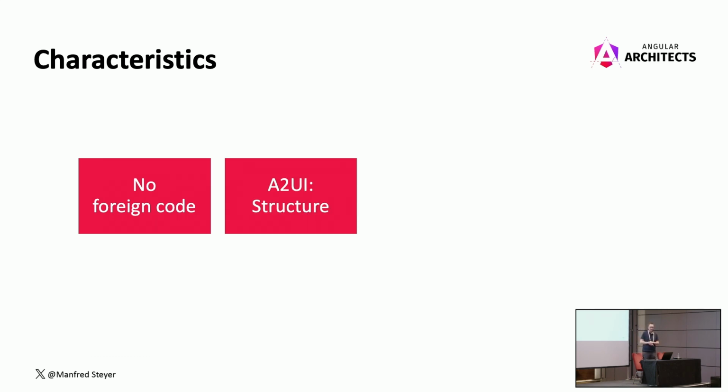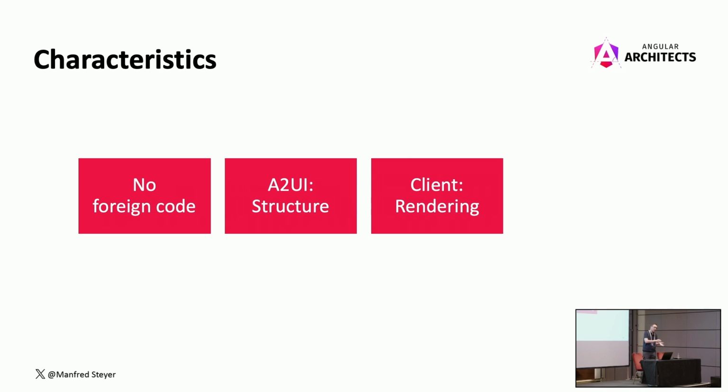We have a clear separation between the structure of what to display and the rendering. How do we want it to display? And this assures that our dynamically rendered fragment does not feel alien in our application. This ensures that our fragment is using our design system, our design language, our colors, our fonts.